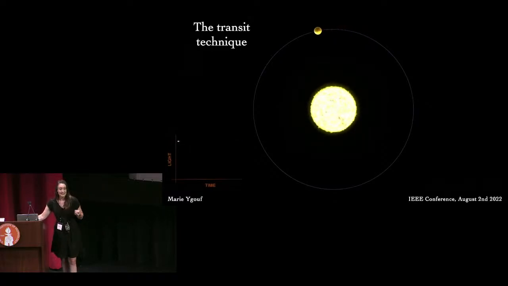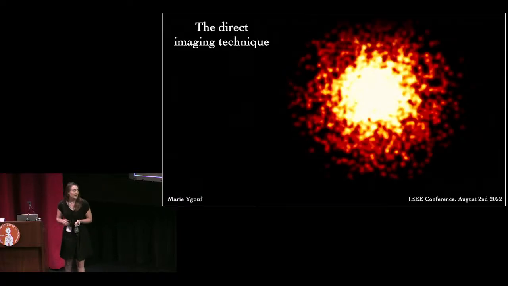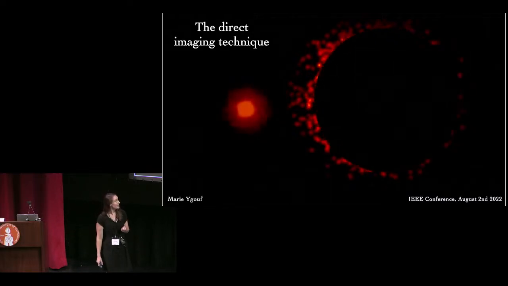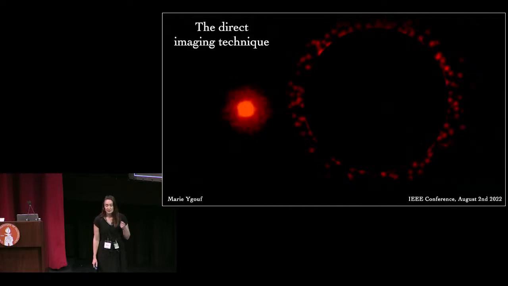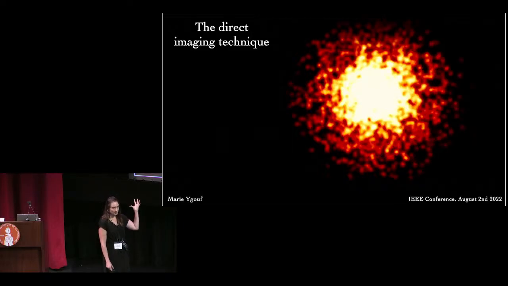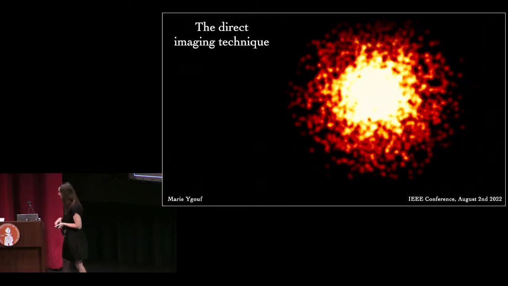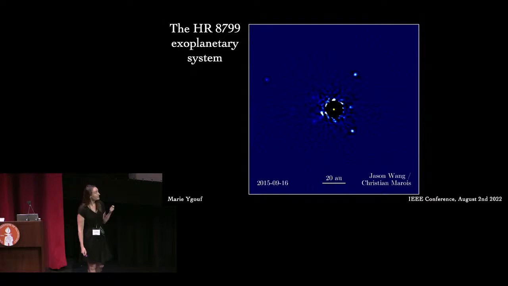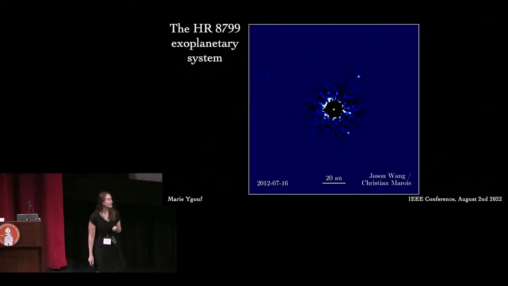But what if we want to actually see the photons of the planets directly? So to do that, we need to use the direct imaging technique, in order to see the circumstellar environment, including the planets. And this is the kind of thing that we can do with direct imaging.